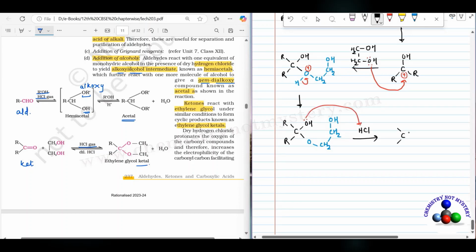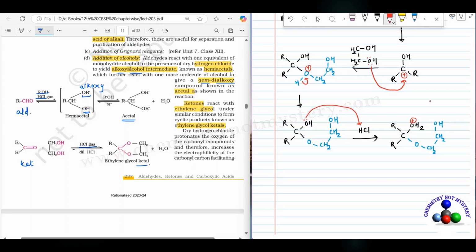Here you will get C, R group, and here it was OH2 positive, and here it was bonded to O, CH2, OH.